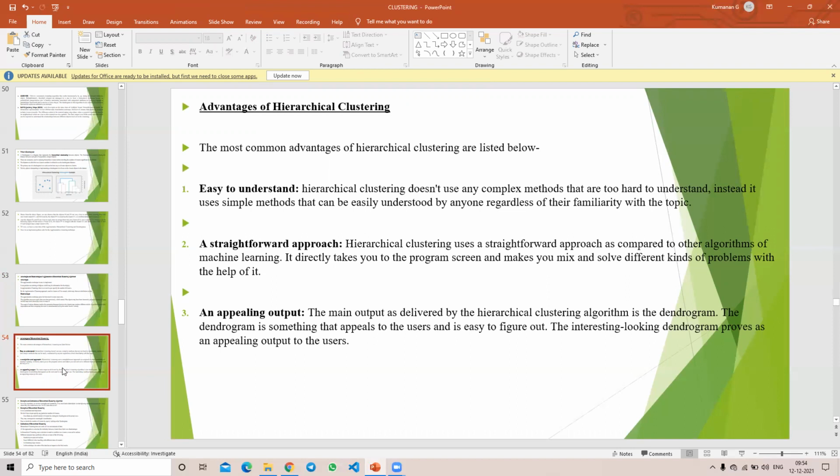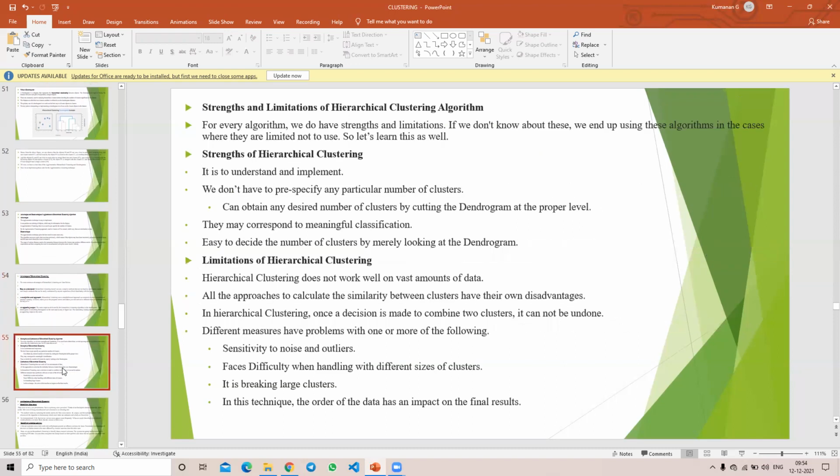It directly takes you to the program screen and lets you solve different kinds of problems with its help. An appealing output: the main output delivered by the hierarchical clustering algorithm is the dendrogram. The dendrogram appeals to users and is easy to figure out. The interesting looking dendrogram is an appealing output for the users.